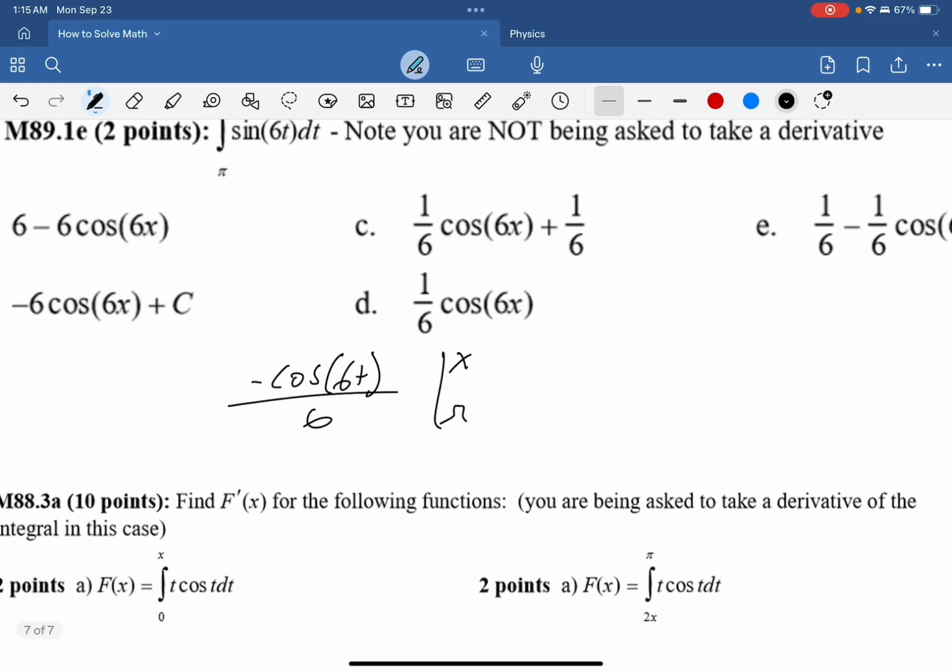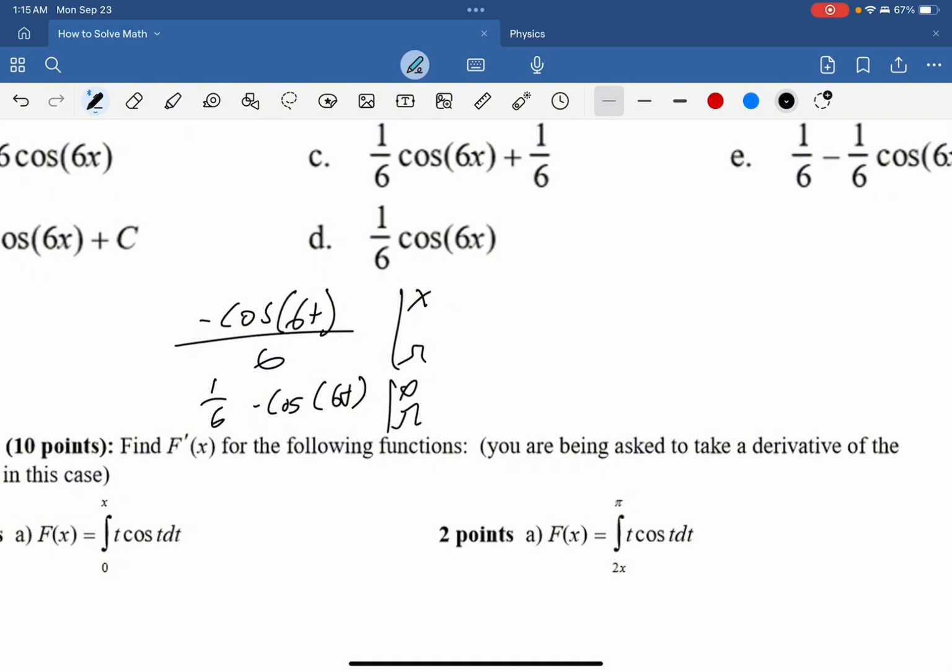And I mean, you could just also write this as 1/6 times negative cos of 6t from pi to x, which I'm gonna prefer doing.